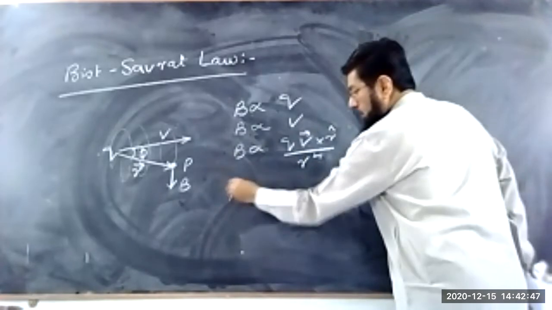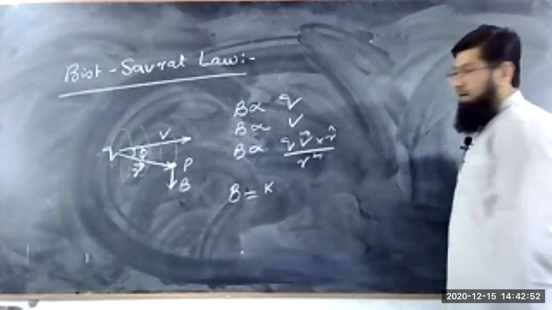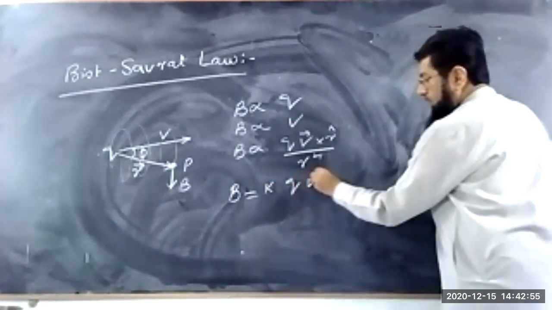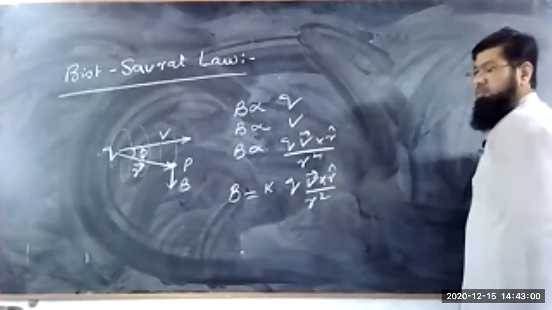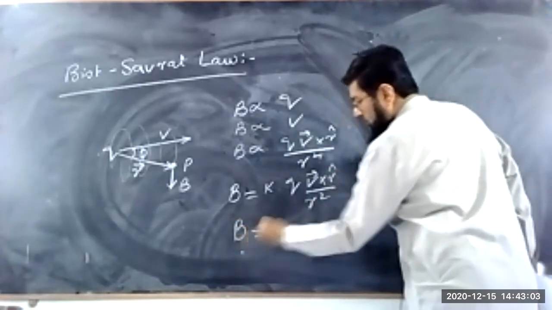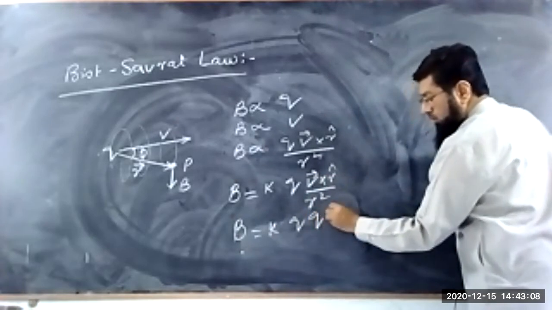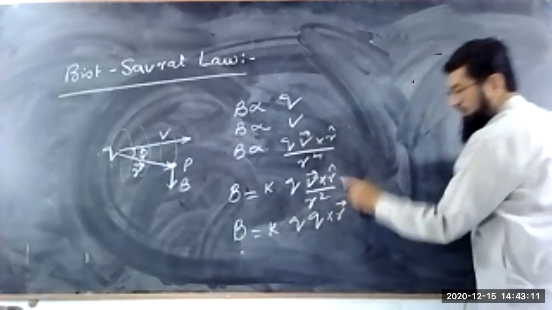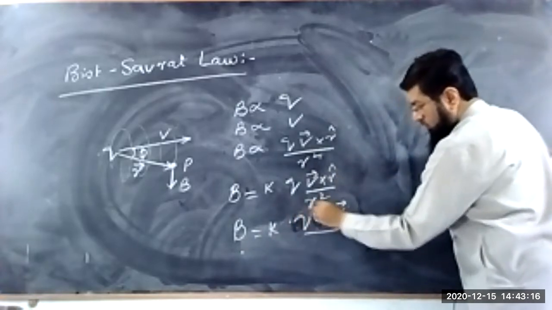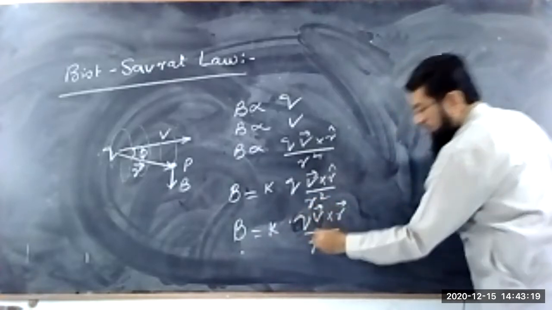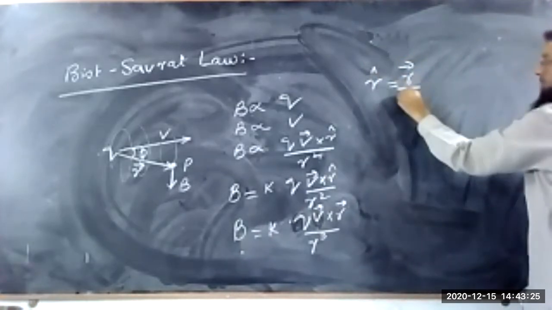So B is equal to, the proportionality is replaced by some constant factor k, into q v cross unit vector r over r squared. So B is equal to k q v cross r vector upon r cube, because the unit vector is equal to the vector divided by the magnitude of the vector.